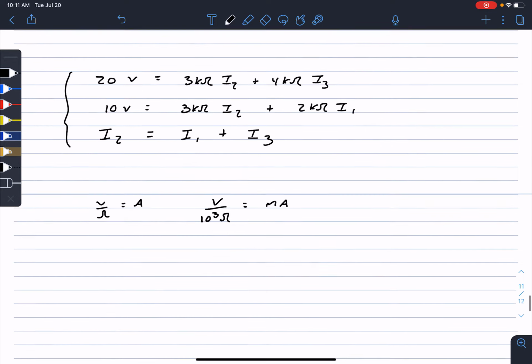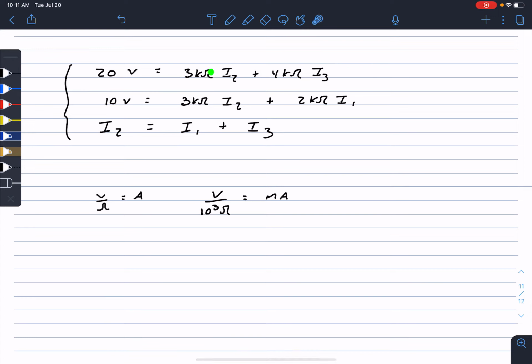So we're just taking the units to the other side to make things a little easier. So what that means is we have 20 milliamps is equal to 3I2 plus 4I3. That gives us 10 milliamps equal to 3I2 plus 2I1.